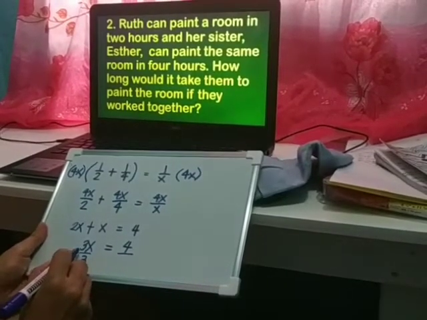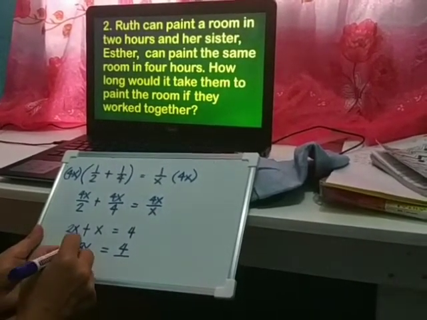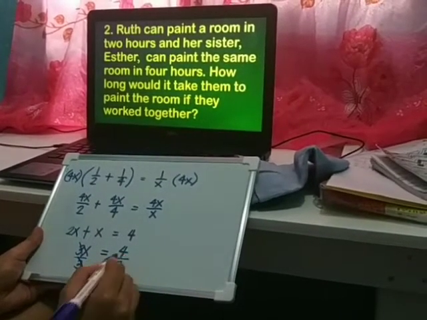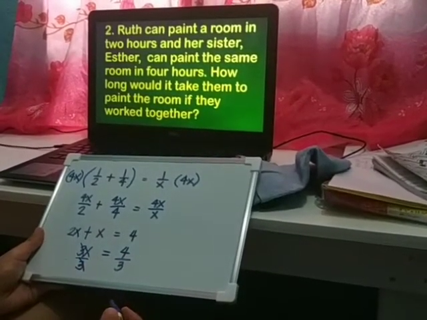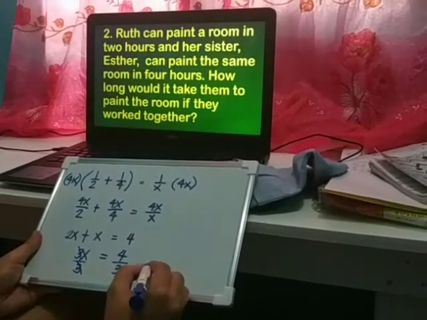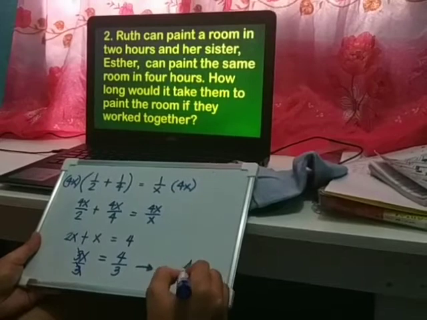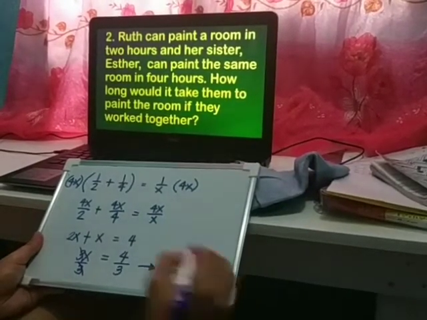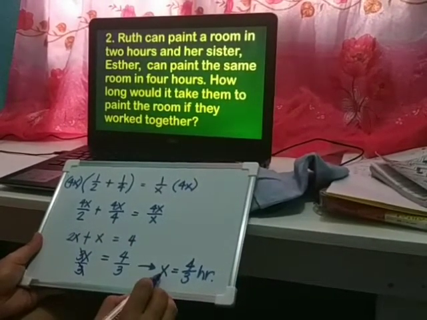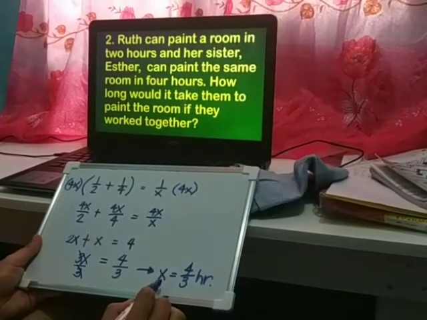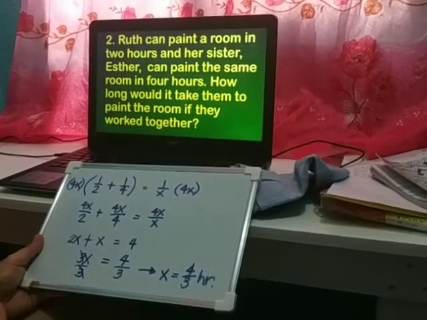We will divide 3x by 3 so that x will remain. Also, do it on the right side of the equation so that it will be balanced. So x equals 4/3, which means Ruth and Esther can both finish the room in 4/3 of an hour.